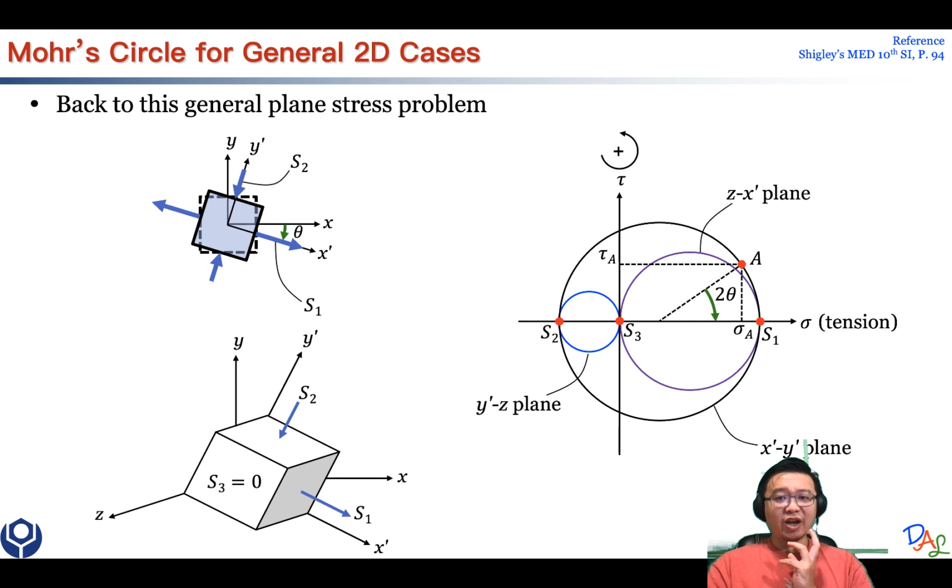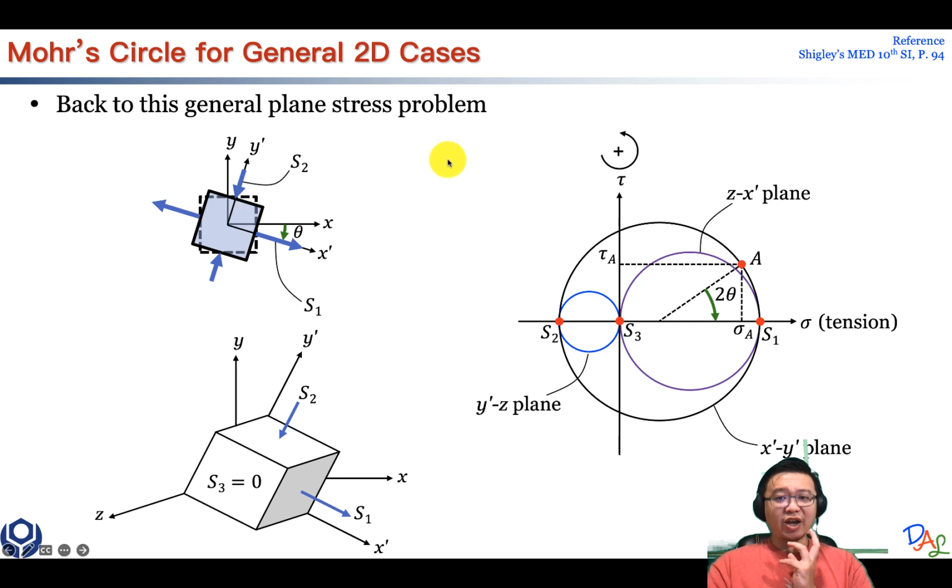There is actually analysis along the third direction, but in our case we mostly focus on plane stress problems. The reason we can analyze it with a 2D Mohr circle is that there's no stress along the third direction. So we don't need to worry about the blue and purple Mohr circles, because we only focus on the XY plane.